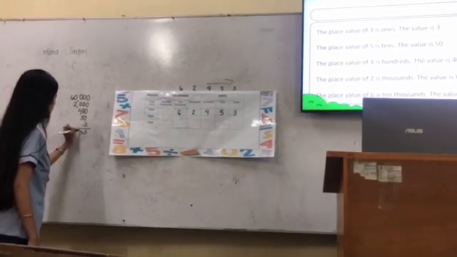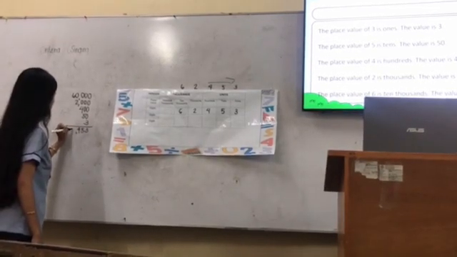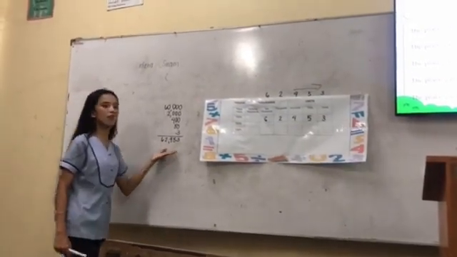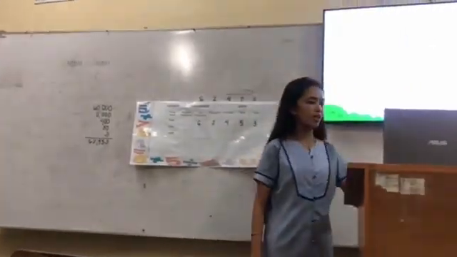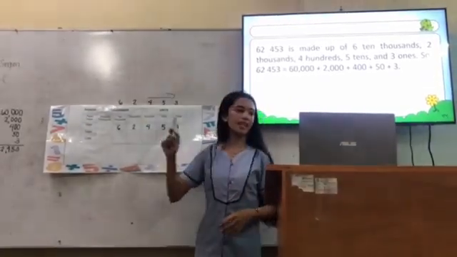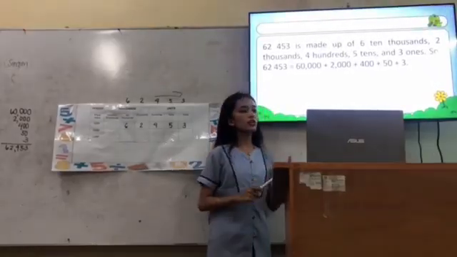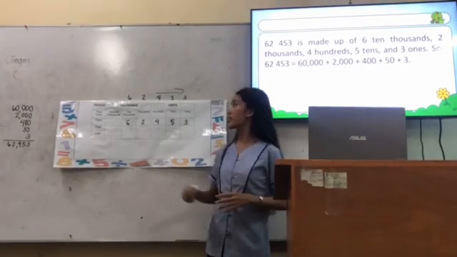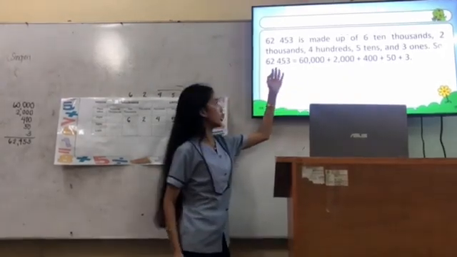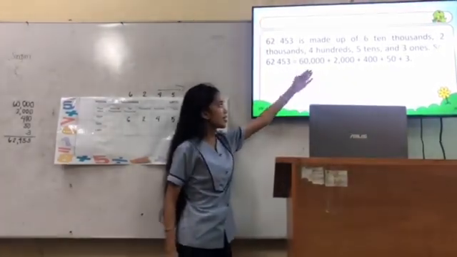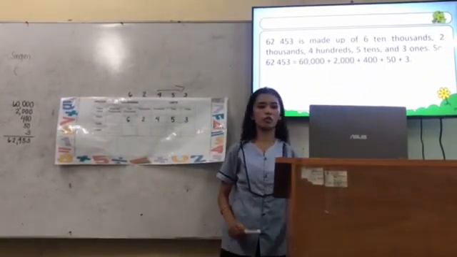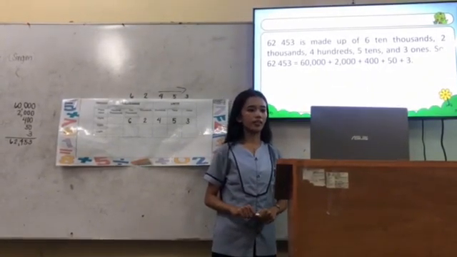So, this is 62,453. So, 62,453 is made up of 6 ten-thousands, 2 thousands, 4 hundreds, 5 tens, and 3 ones. So, this is the equation that we did: 60,000 plus 2,000 plus 400 plus 50 plus 3 is equal to 62,453.